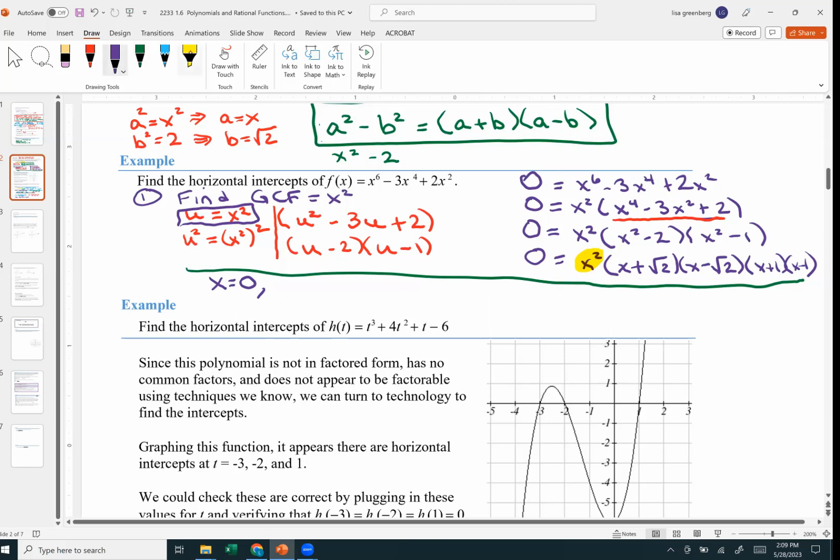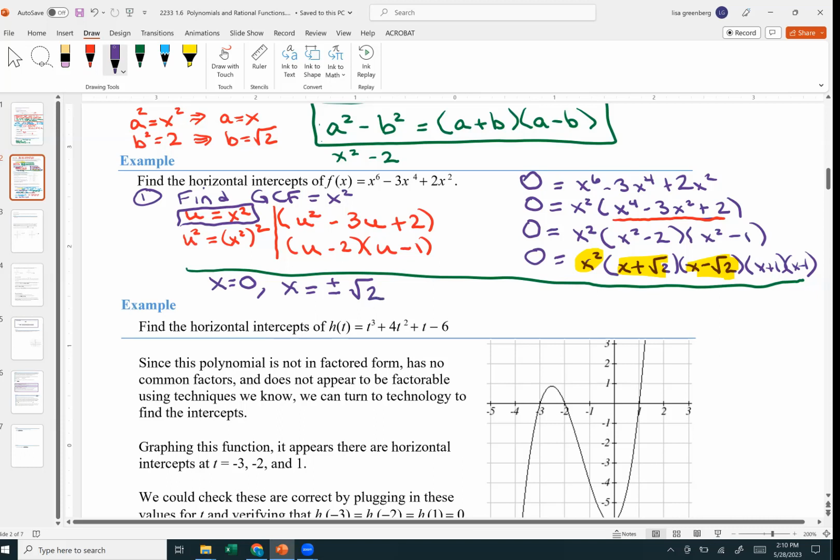I have x plus the square root of 2 and x minus the square root of 2, which gives me x equals plus or minus the square root of 2.